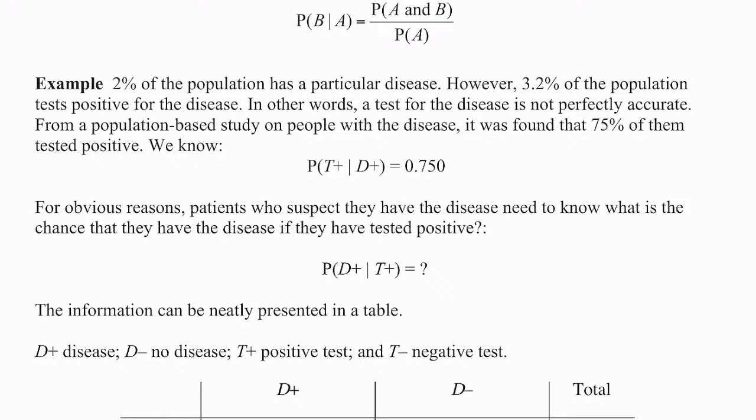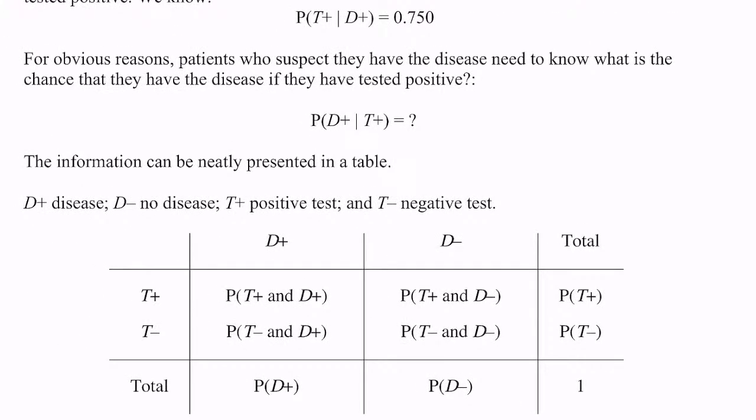I made a matrix below just to show you the different probabilities you're dealing with, okay? So this is an intersection. This is saying that the person has the disease and they test positive. That's different than the conditional concept here. What is the relationship? We know what that is, right?